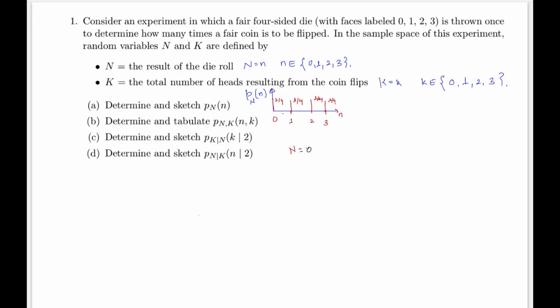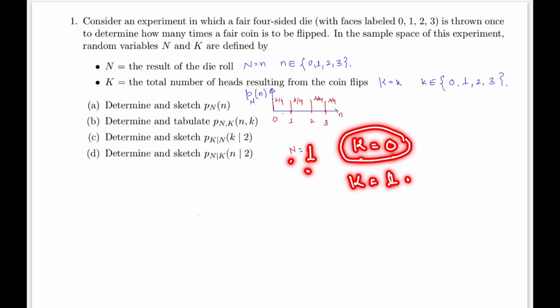Or maybe random variable N will take the value 1. In that case K will take the value either 0 or 1. How? N taking the value 1 means you will flip the coin once, and maybe you will get the head or maybe the tail. If you get the tail, you are not getting any heads, so the total number of heads is 0, so K will take the value 0.